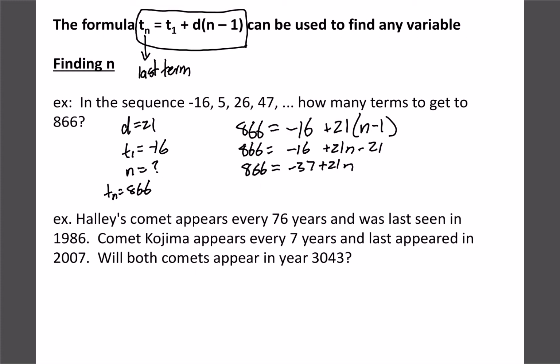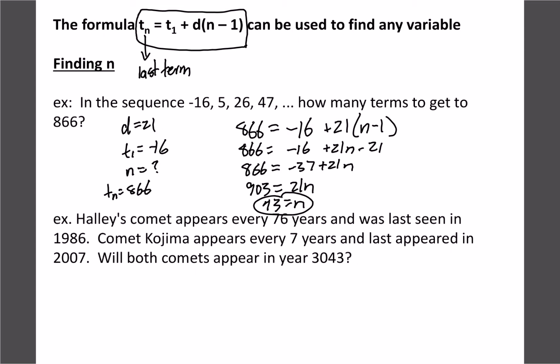Add 37 to both sides. 866 plus 37 is 903. So we have 903 equals 21n. Divide by 21, and we have n of 43. So that means if we kept going in this sequence, the 43rd number would be 866.